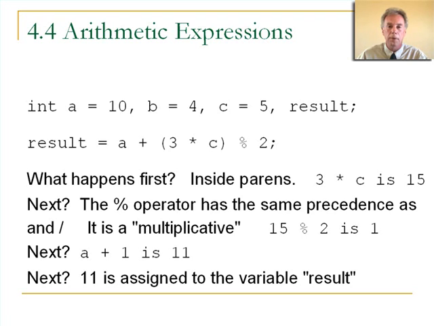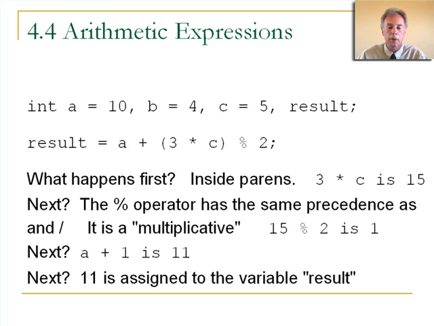All of these variables are only for the purpose of looking at arithmetic expressions. A, B, and C are probably not good names for variables because they don't indicate what the variable value is representing. So A, B, and C for now are just numbers that we're going to use to demonstrate arithmetic. So look at this arithmetic expression.